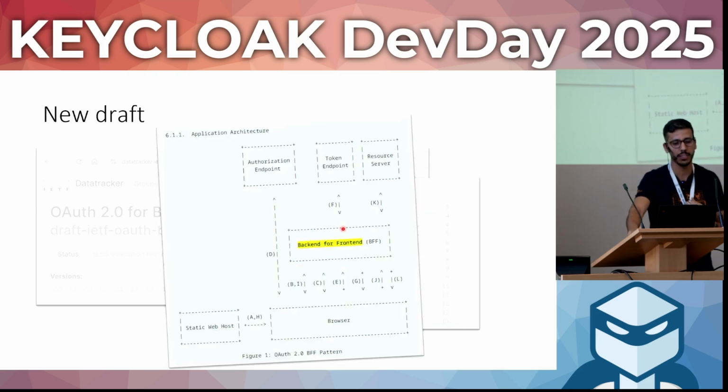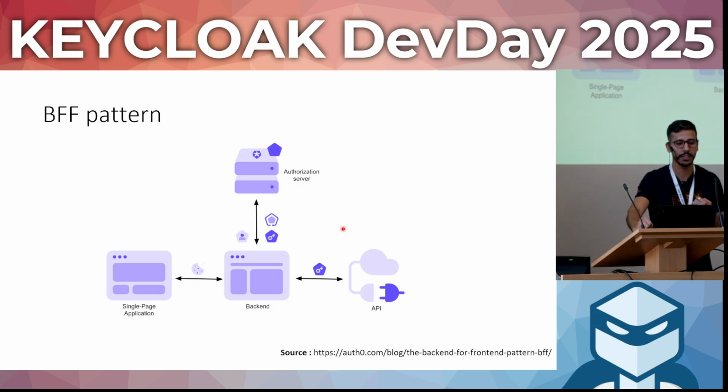The recommendation is not to store these tokens at all in the local storage, but to switch to the backend for frontend pattern, or the BFF. The BFF is simply a backend that acts as a proxy, and it will manage the whole OAuth flow. And then when the user is authenticated, we can securely store these tokens on the backend side, so the attackers don't have direct access to these tokens.